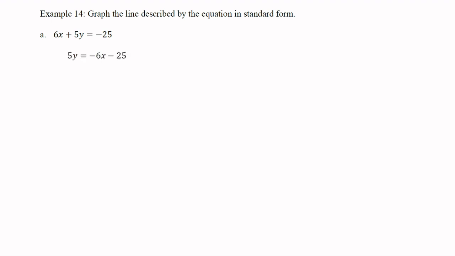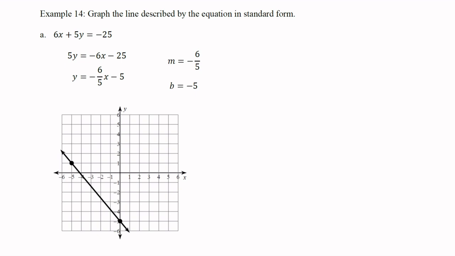First, you're going to subtract 6x from each side, and then you're going to divide by the coefficient of your y term, which gives us -6/5 x minus 5. So we have our slope of -6/5 and our y-intercept of -5. Plot your y-intercept of -5, and then you do your rise over run. Now we can't go down, so we have to go up 6 and then to the left 5, and then you plot your point. And then finally, connect your 2 points with your straight line.